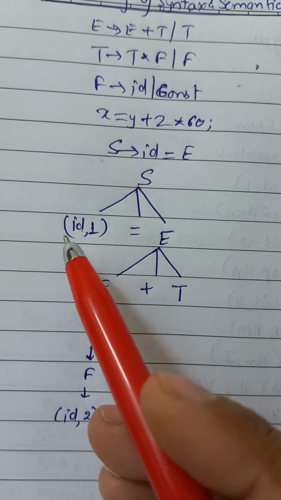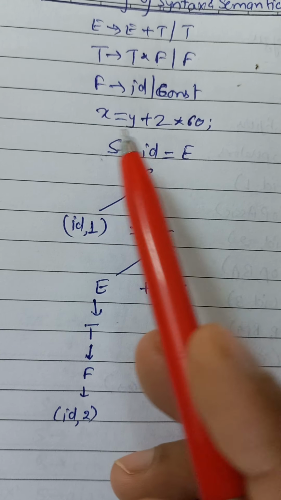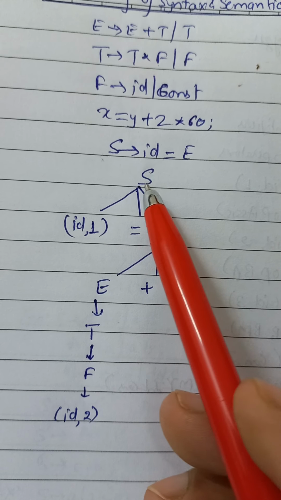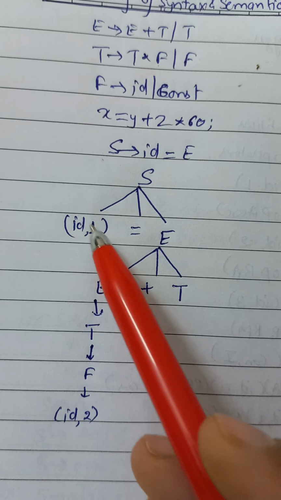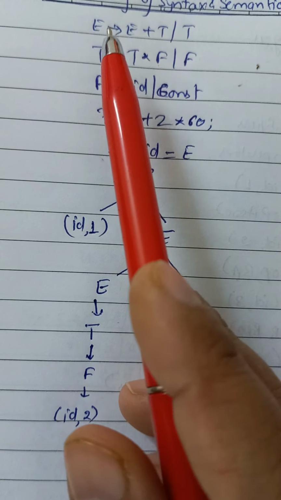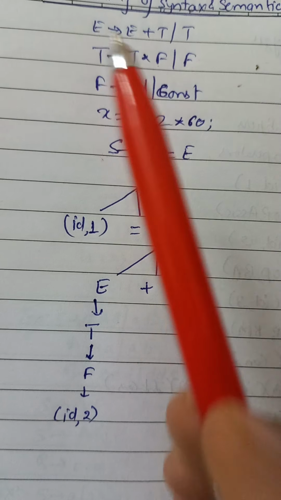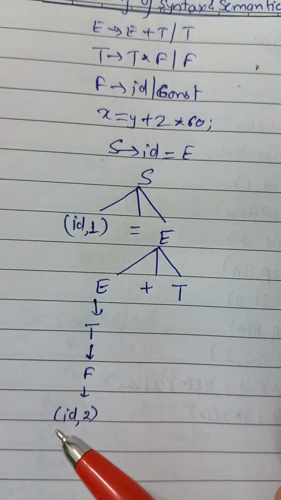This is the first identifier because x = y + z * 60. So we are taking the starting symbol of the grammar, and this is the first identifier = E. We are taking it from this grammar. So now E + T. So E → T, T → F, and F → identifier.